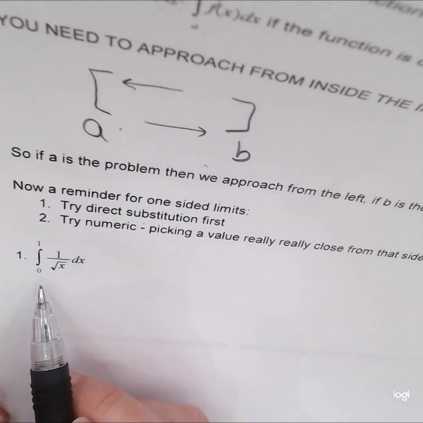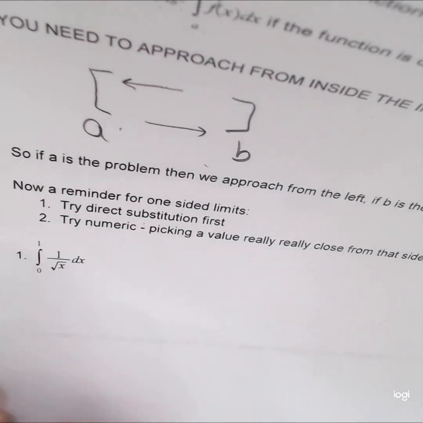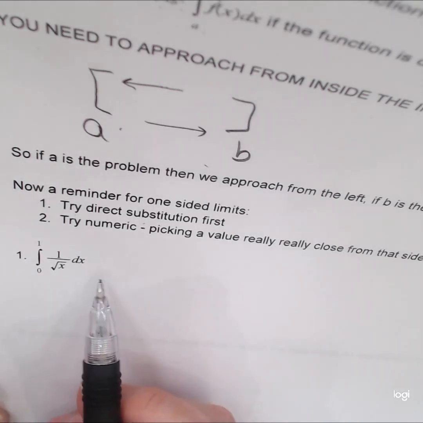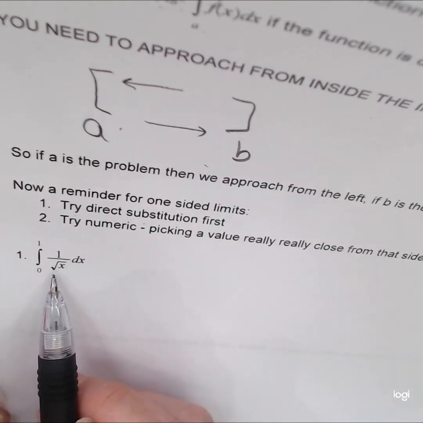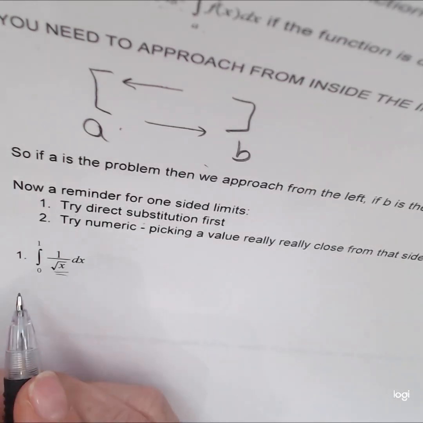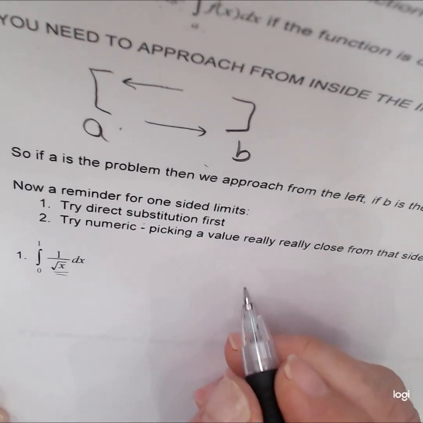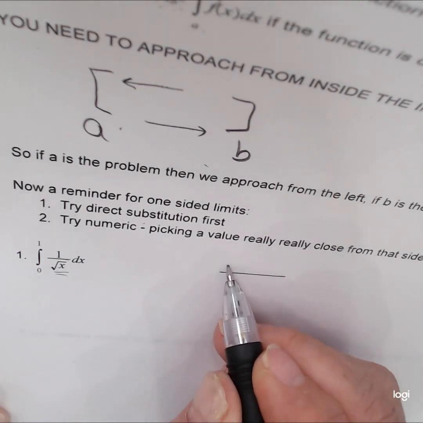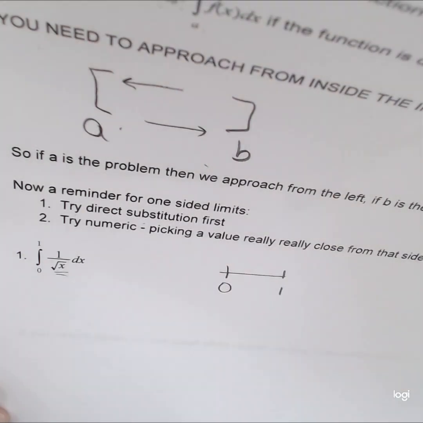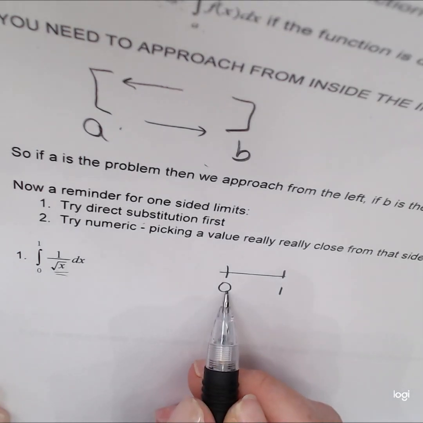Now, these types of improper integrals are a little bit harder to see because notice we don't have any bounds at infinity, but what we have here is a problem because this particular function is not going to be continuous at x equal to 0. So if you look at my interval here, I'm going between 0 and 1, and the problem is the 0.